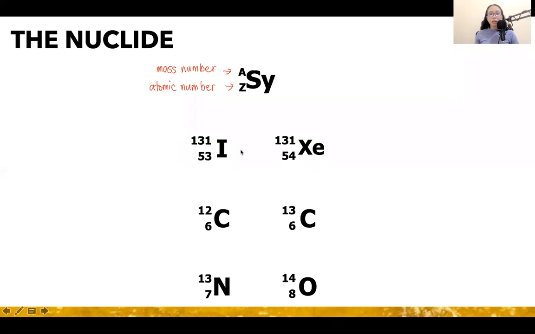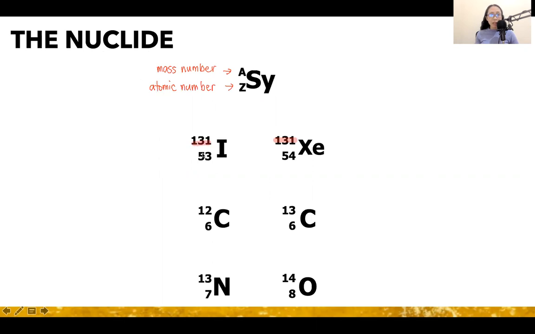So here are some examples. And you notice that they are paired, right? And in each pair, you will notice something. For example, let's look at the first pair. What do you notice in the first pair? Notice that they have the same mass number.